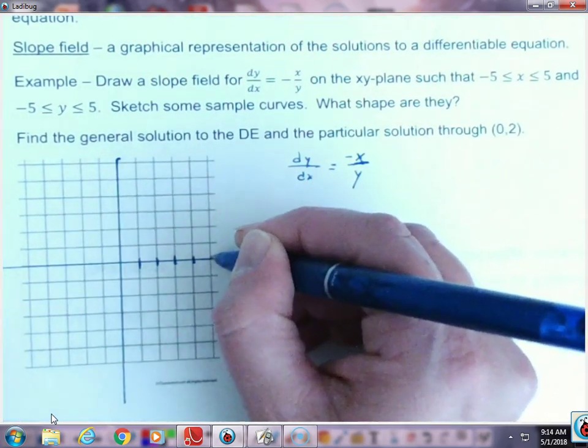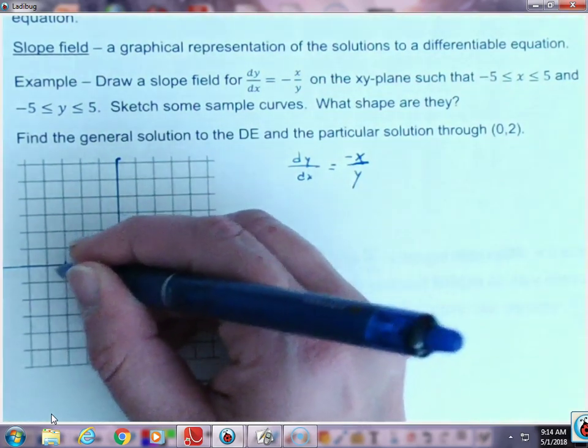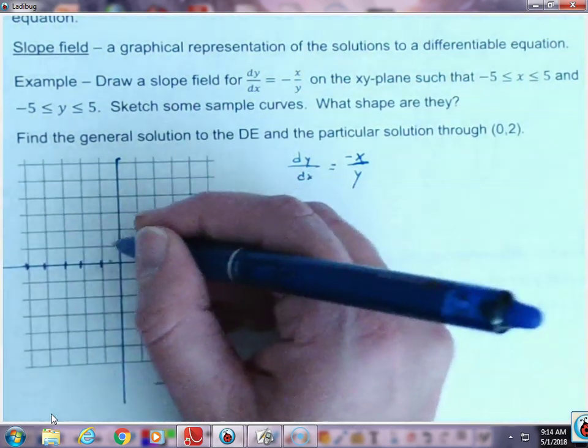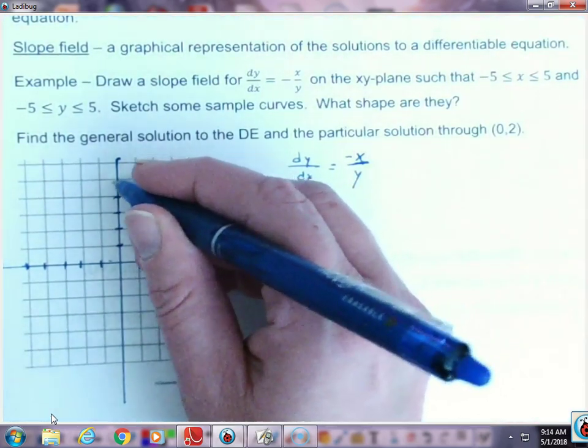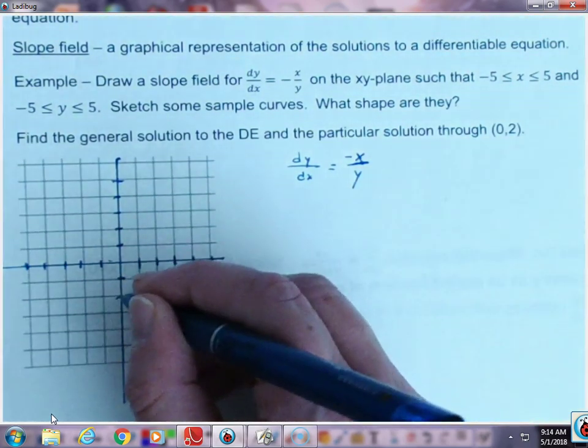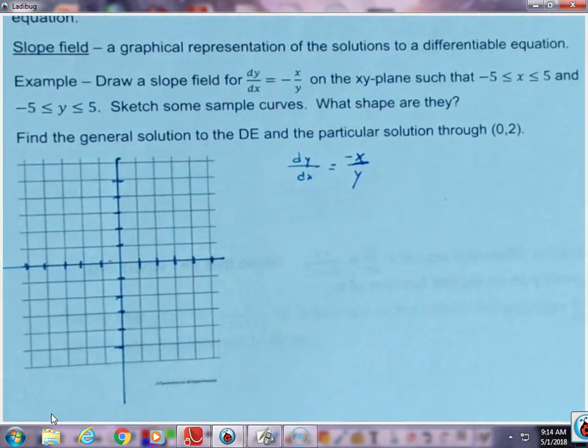There's even some graph paper back there somewhere in my cabinet if you really want graph paper. But if you just do it pretty neatly, 5 in every direction. Jake, you're drawing 5 in every direction on your sheet.